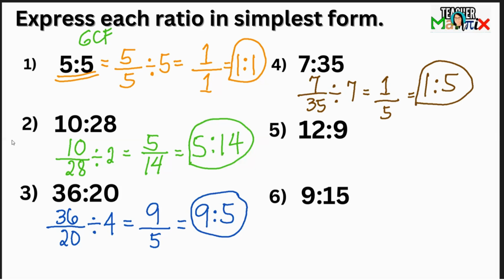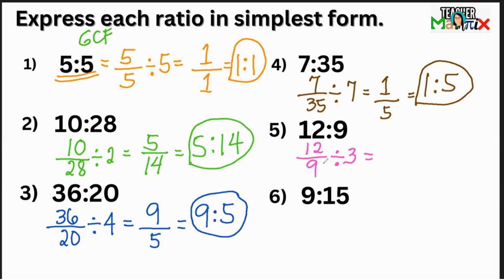Okay, dito naman tayo sa number 5. So, 12/9. So, ang GCF niyan ay i-divide natin by the GCF. Ano bang GCF ng 12 and 9? Yun yung i-divide by the GCF. 12, the GCF is 3.